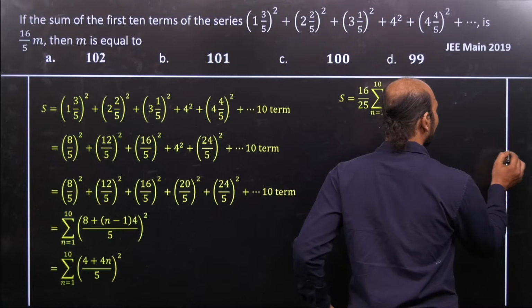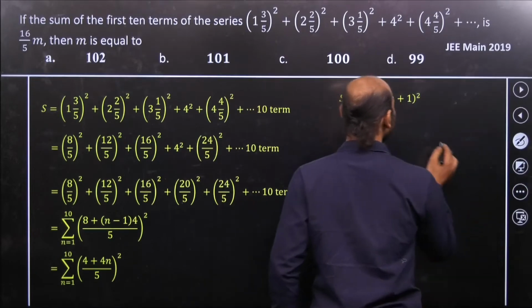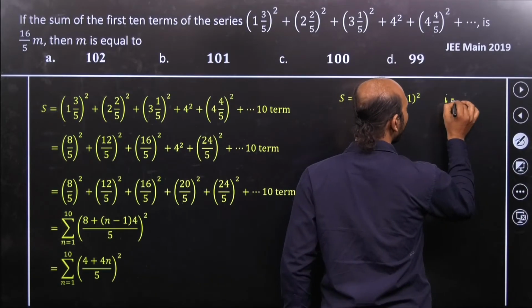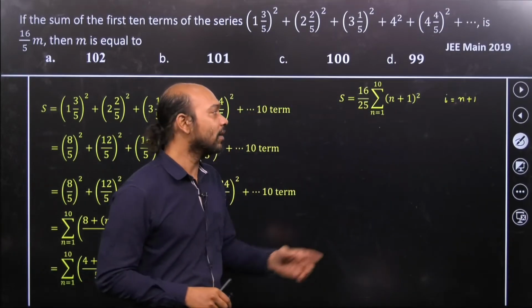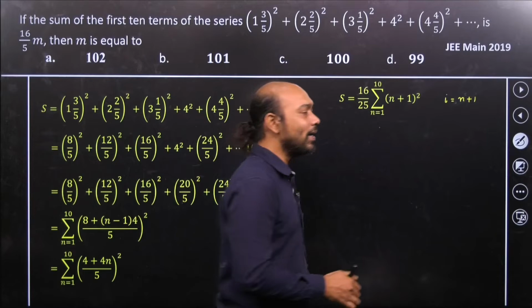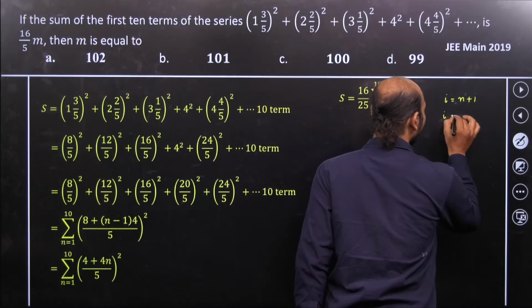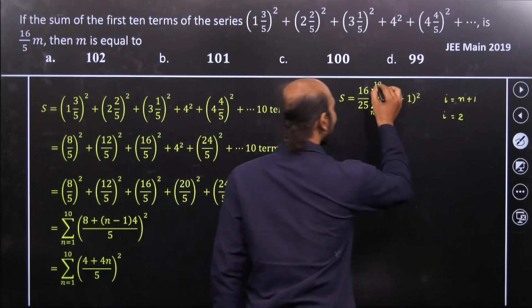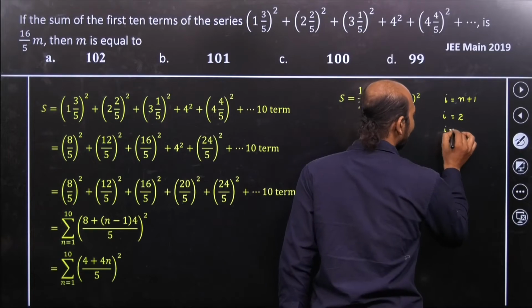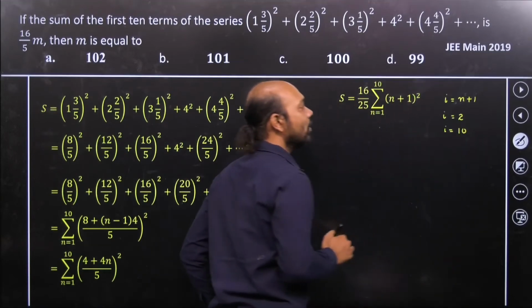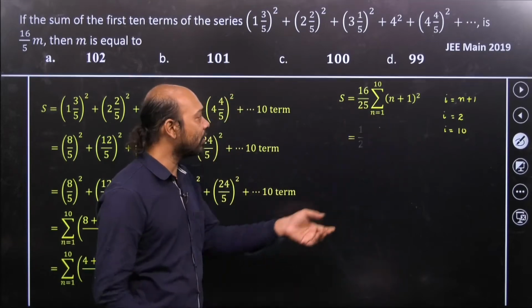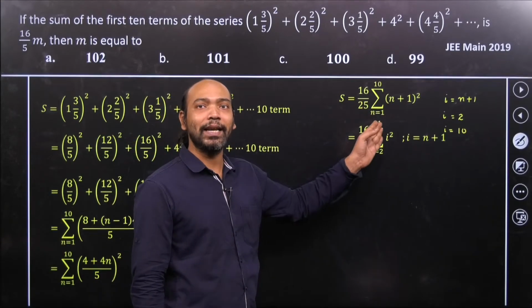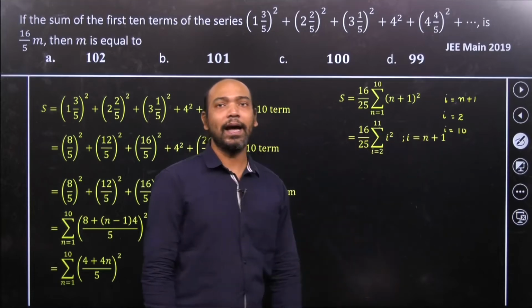For this problem we consider the transformation i equals n plus 1. So whenever n is equal to 1, i is equal to 2, and when n is equal to 10, i is equal to 11. Therefore this summation can be converted to i from 2 to 11 of i squared.